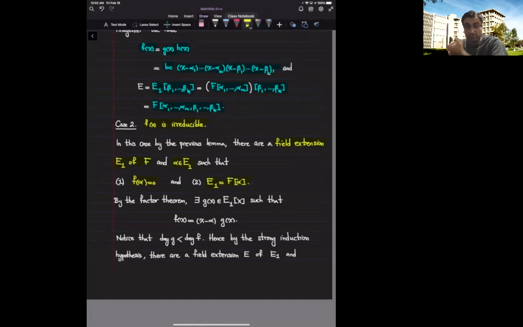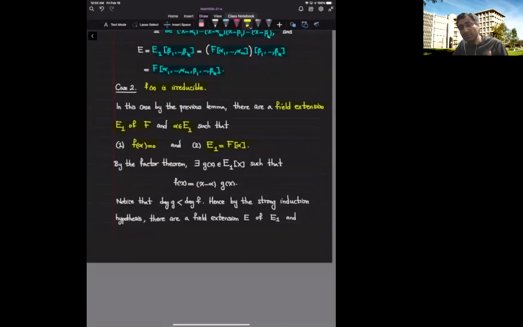This is what we proved in the previous lecture, that whenever I give you an irreducible element, we can find a field extension that's generated by F and one zero of this polynomial.